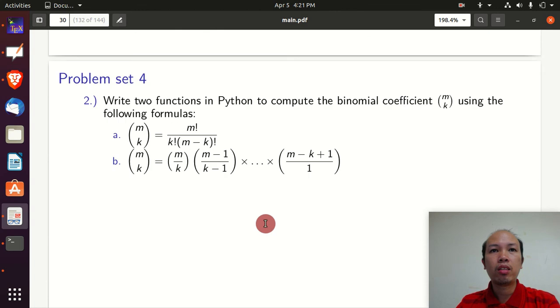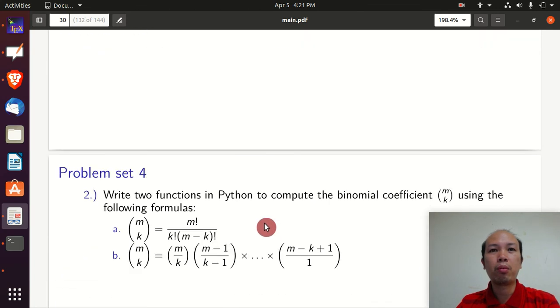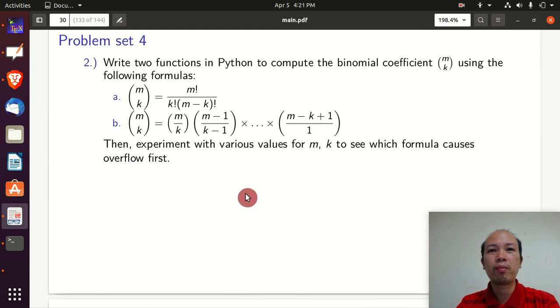Apply our previous discussion about ways on how to avoid loss of accuracy.